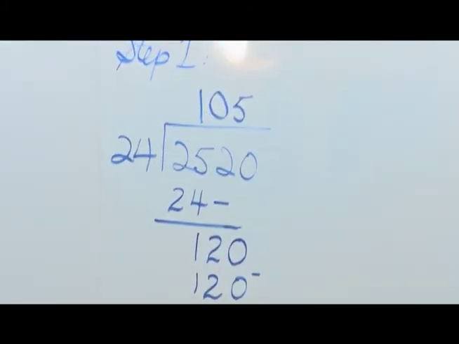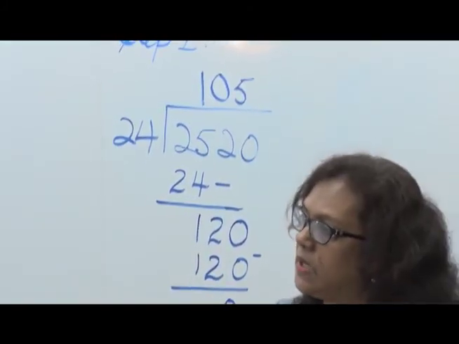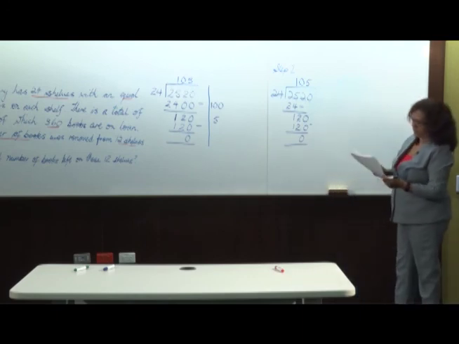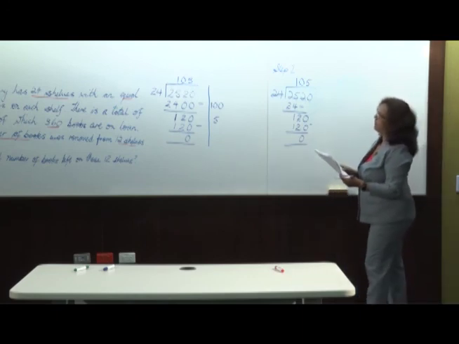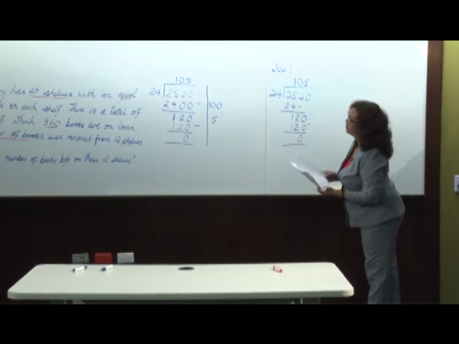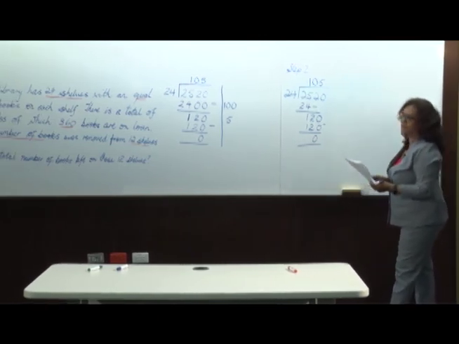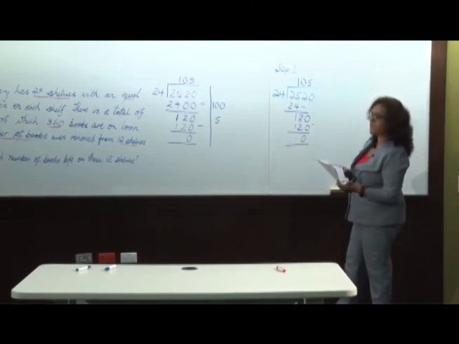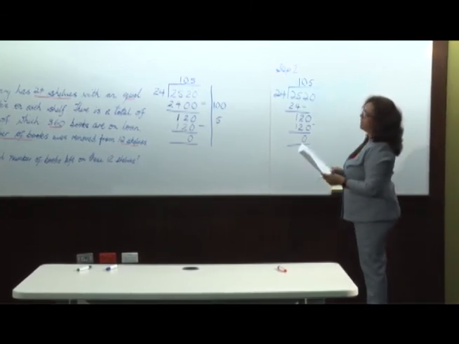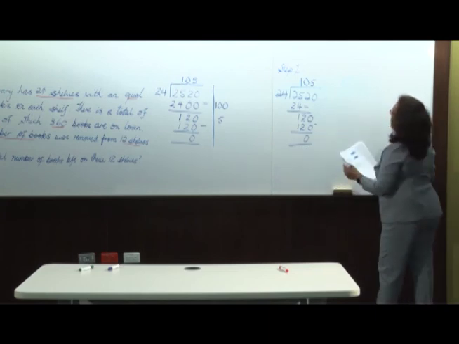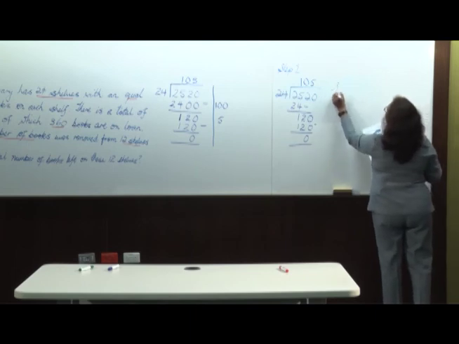But we know that 360 books are currently on loan. And those 360 books were taken from 12 shelves. Equal numbers were taken from 12 shelves to make up the 360 books. What I want to find out is how many books were taken from each of those 12 shelves. And that's going to be my step 2.